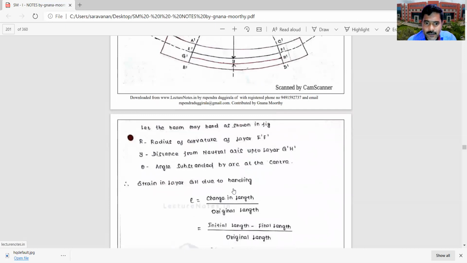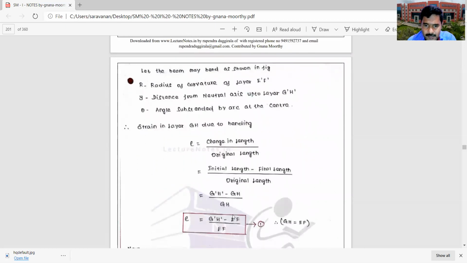First you need to calculate the strain, that is change in dimension by original dimension. Change in dimension is final length G dash H dash minus initial length GH.